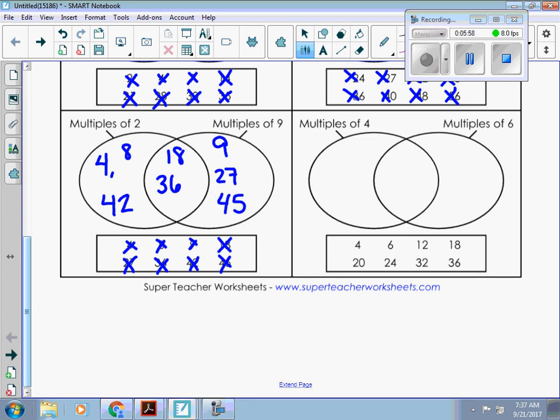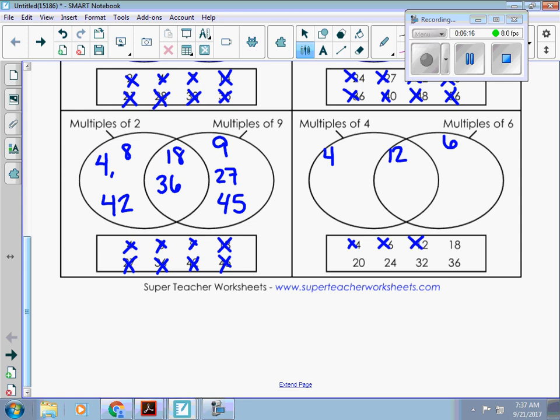And for my multiples of 4 and 6, again, it can't be smaller, so 4 is only on this side. Nothing times 4 is 6, but 6 times 1 is 6. I can do 4 times 3 is 12, and 6 times 2 is 12, so it goes into the middle.